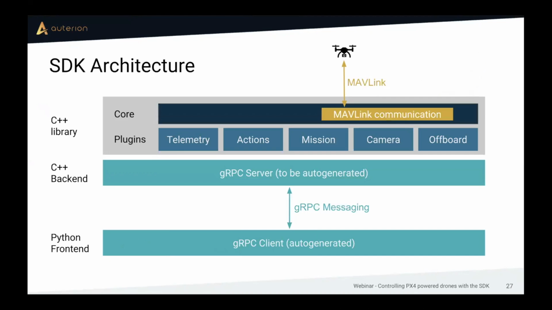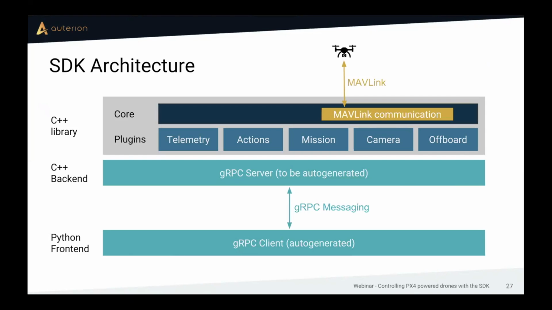Now these language wrappers are implemented using gRPC messaging. On the C++ side, we have a gRPC server. And in the respective wrapper languages, we then have a gRPC client.